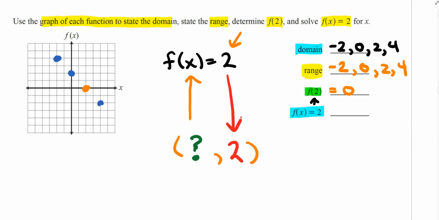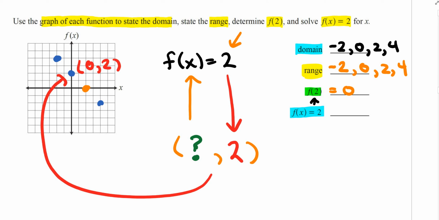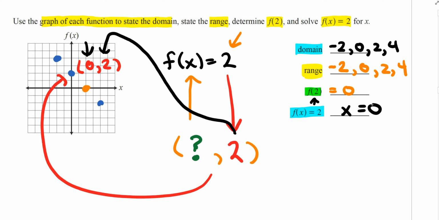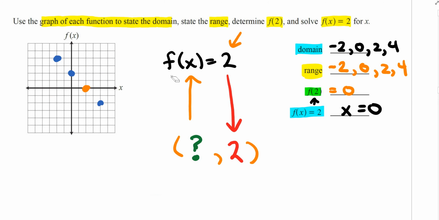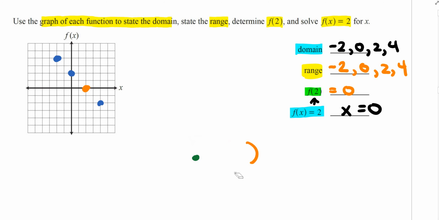That's basically what the question is asking for. And I believe that corresponds to this particular point right there, because this point right here is 0, 2. So notice that this 2 matches that. So the x value that gives you a y value of 2 is going to be 0. So this answer is x equals 0 as well.